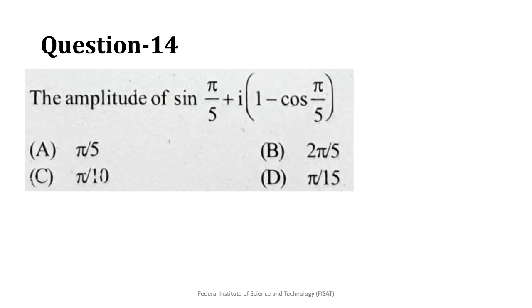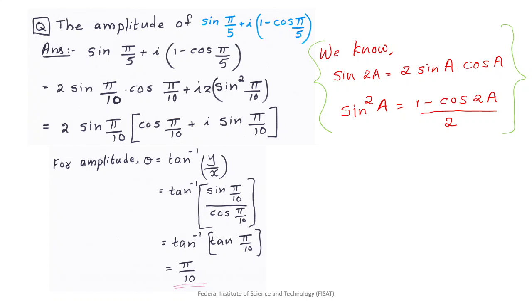So in this question the amplitude is asked of this particular expression: sin pi by 5 plus I into 1 minus cos pi by 5. In order to apply theta equal to tan inverse y by x, you have to convert it into a suitable form. Then only you can simplify it. So you apply the formula sin 2a is equal to 2 sin a cos a.